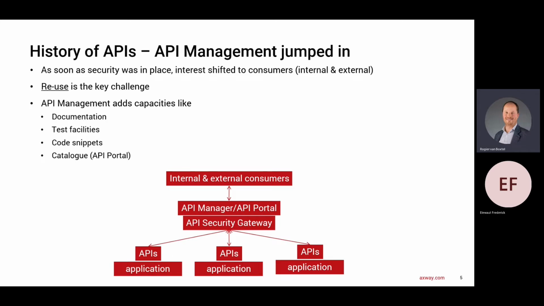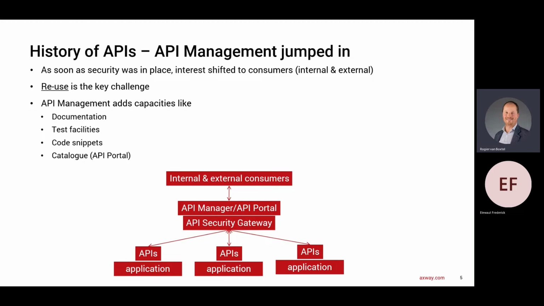And also a company like Axway started in those days by adding on top of the security gateway, which is still the foundation, management capabilities and portals to be able to manage a fast-growing number of APIs, first of all, and secondly, to be able to do things like lifecycle management and to start, that is of course where we're going for today, to start managing consumption.